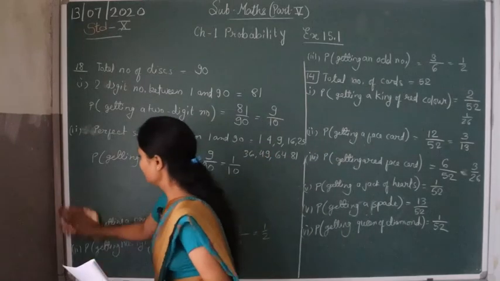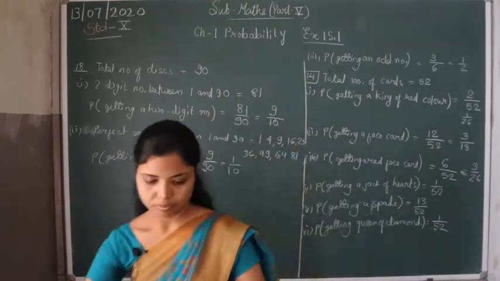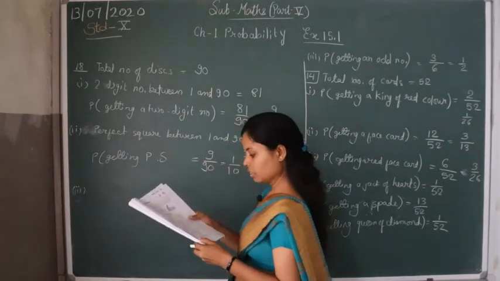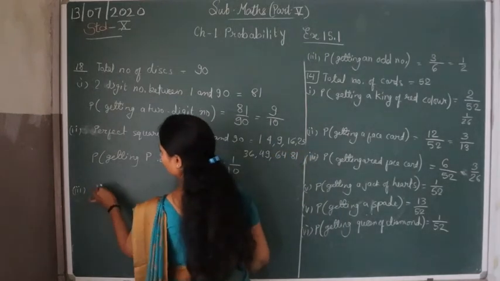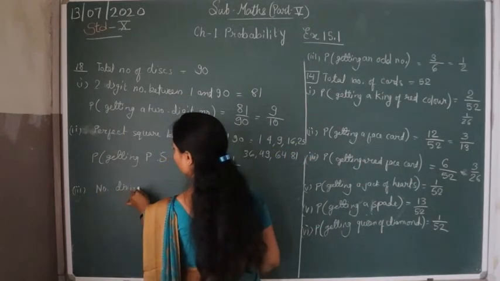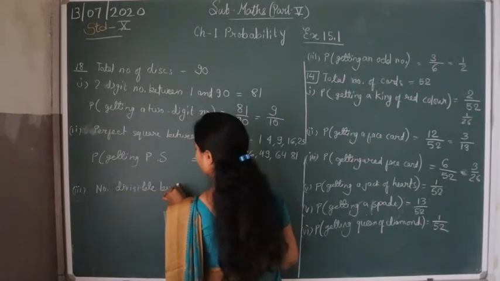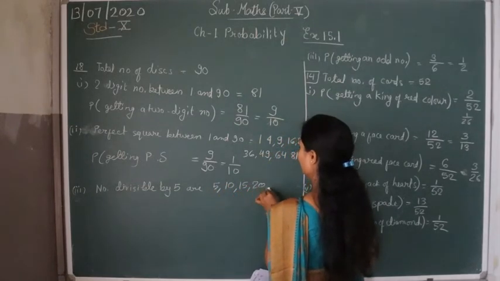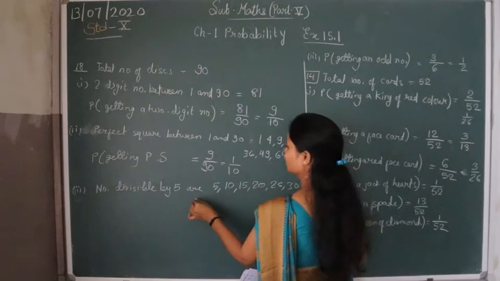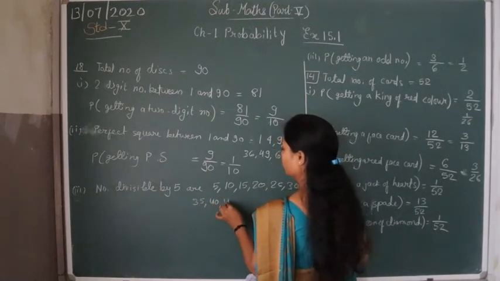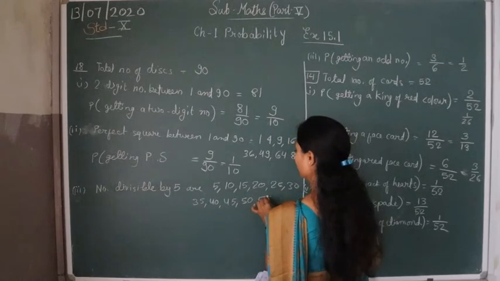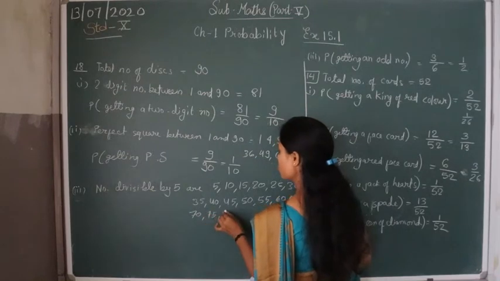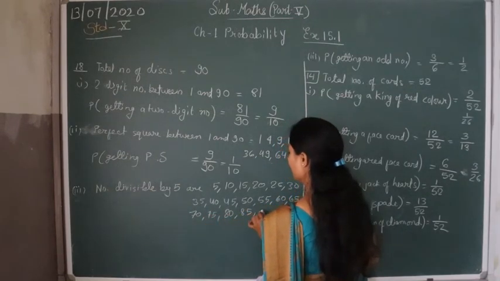Then getting a number divisible by 5. Numbers divisible by 5 are 5, 10, 15, 20, 25, 30, 35, 40, 45, 50, 55, 60, 65, 70, 75, 80, 85 and the last one 90.